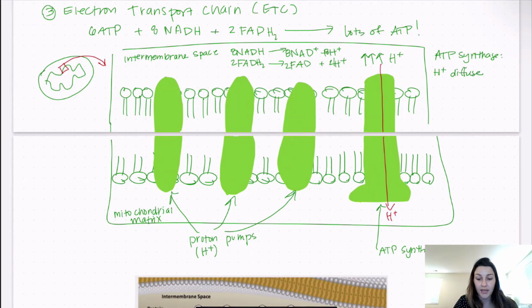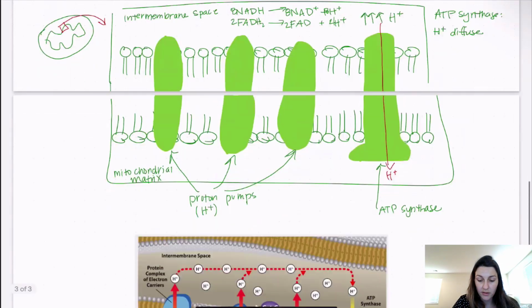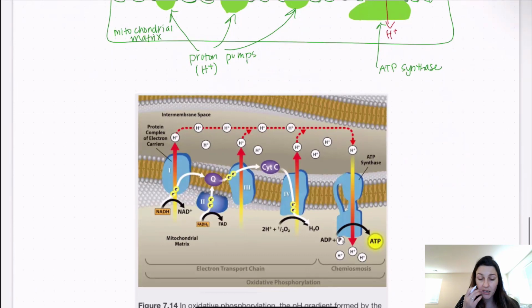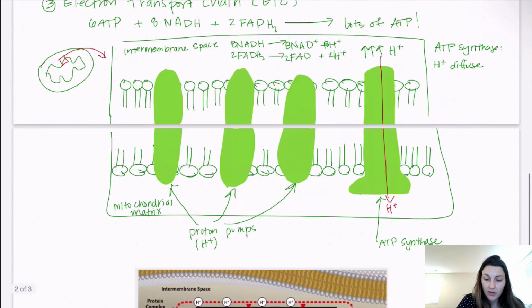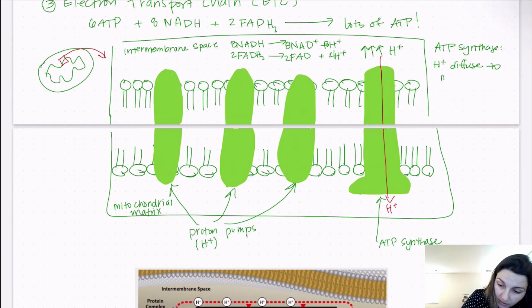Let's watch this again in our nicer picture. So hydrogen ions diffuse. They go from the intermembrane space, up here, down to here where they're less concentrated. ATP synthase does that. So H plus, or hydrogen ions, or protons, diffuse to the mitochondrial matrix.